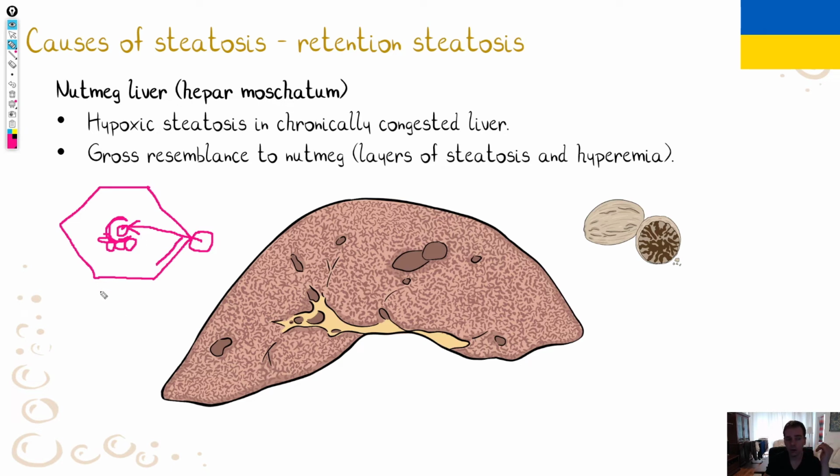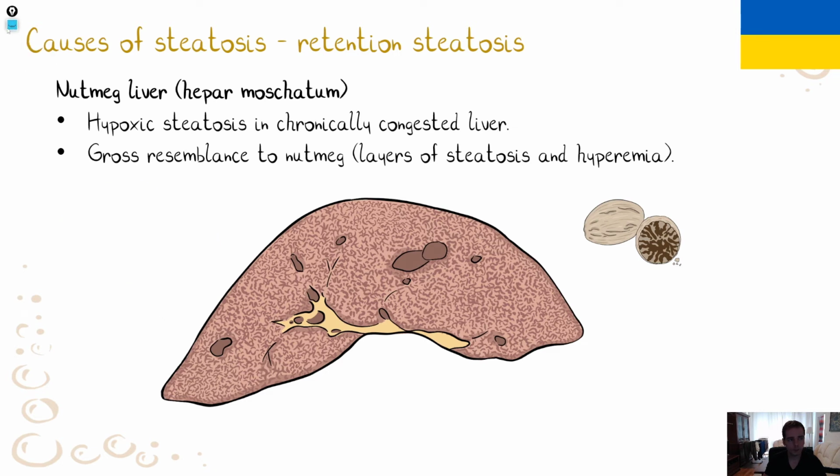And later on, those hepatocytes around the central vein will undergo atrophy. The steatosis can diminish, and the steatosis will move towards the portal spaces. So the localization of the steatosis depends on the time frame and depends on the severity of the venous stasis.